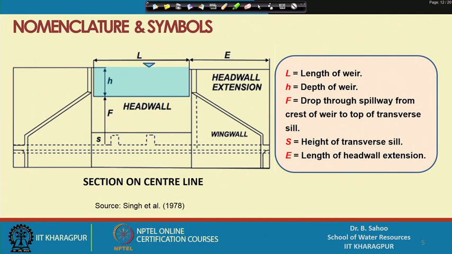Small h is the depth of weir, including the freeboard. Capital F is the drop through spillway from crest of weir to top of transverse sill. S is the height of transverse sill, and E is the length of head wall extension.